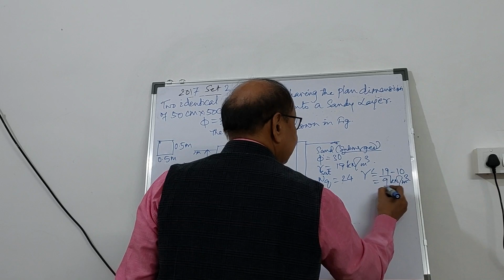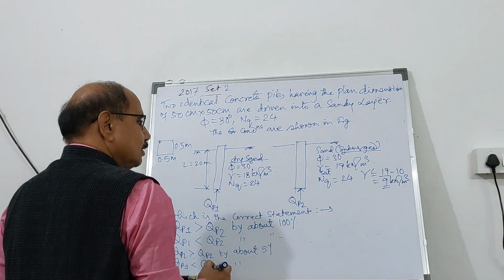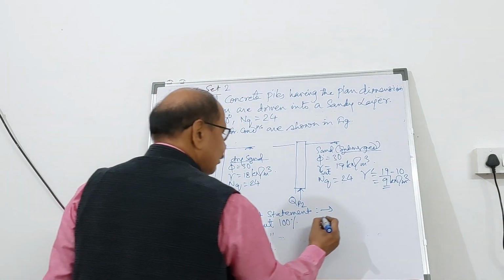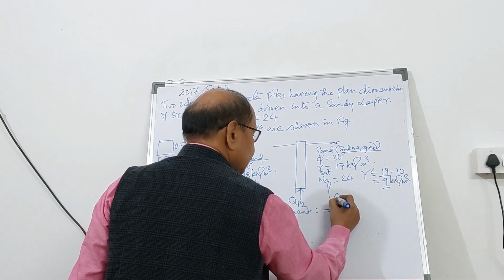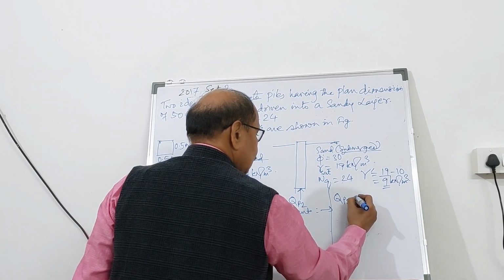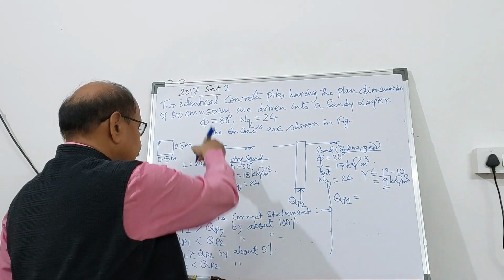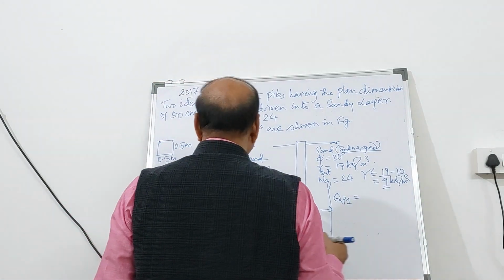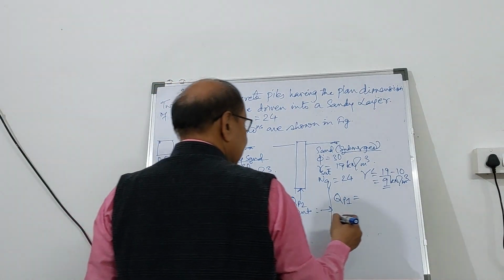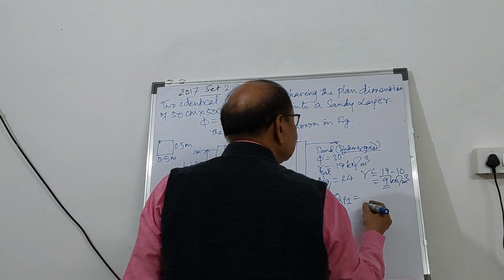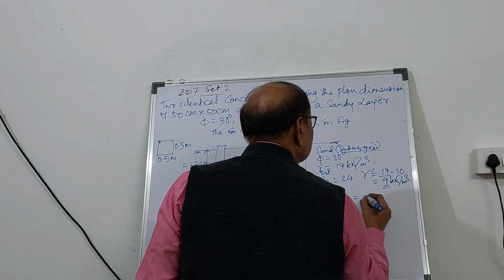So from 19 it becomes 9. And therefore, if you calculate this, QP1 will depend upon the value of what is the surcharge.